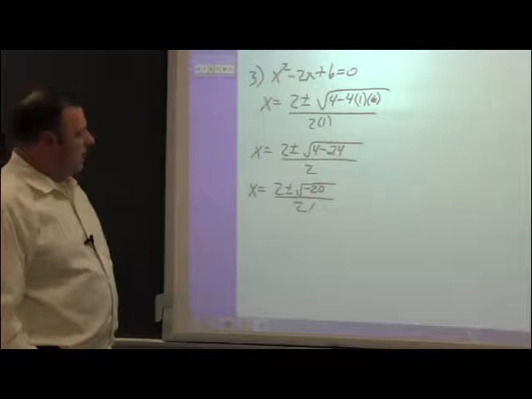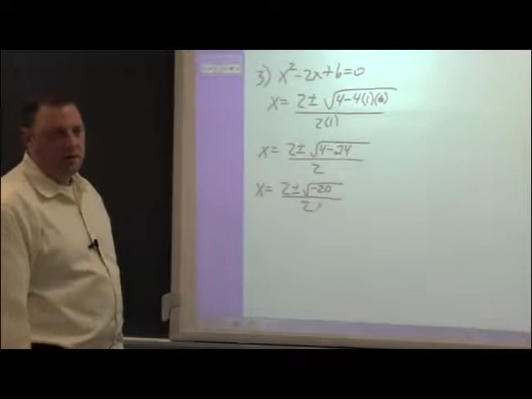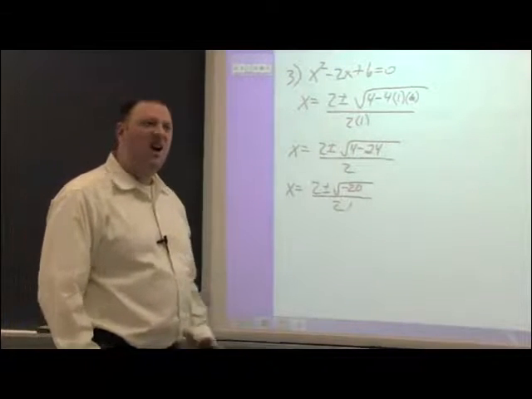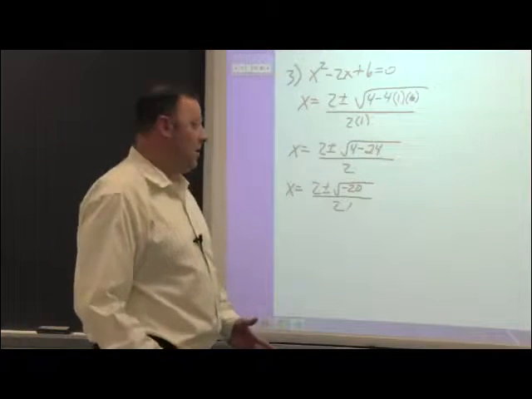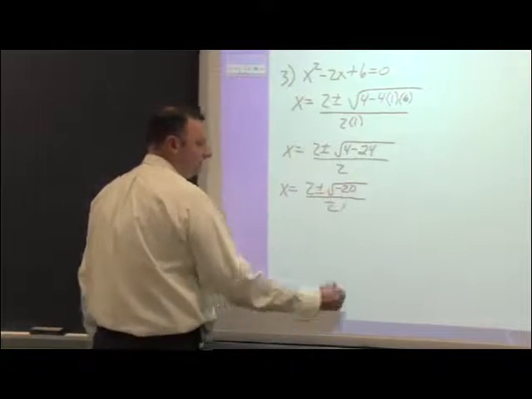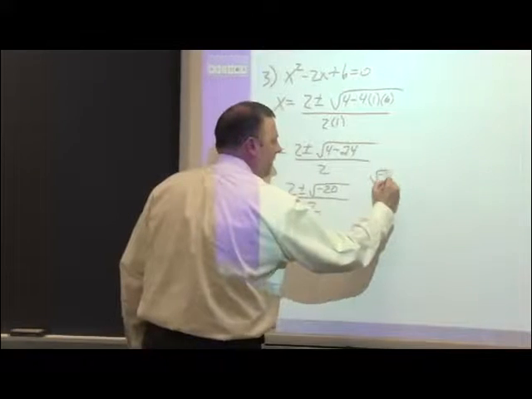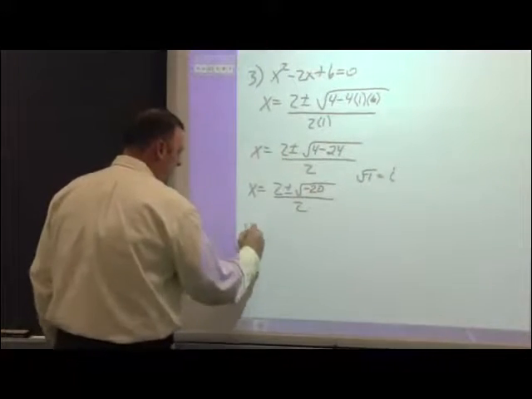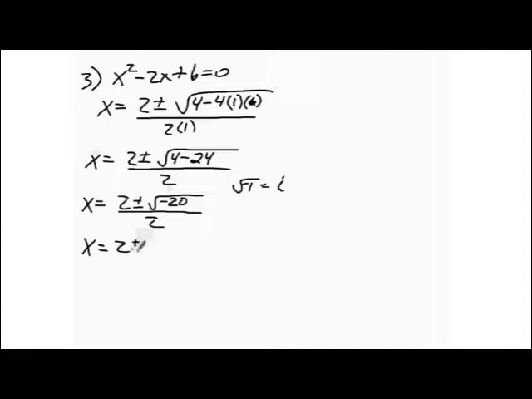Now if you notice, you have a negative number in the square root, and that means that you don't have a real answer. You have an imaginary, a complex root, a complex 0. So here's how you have to handle that. First of all, the square root of a negative 1 means i. So when I see that, I know we're going to write 2 plus or minus i.